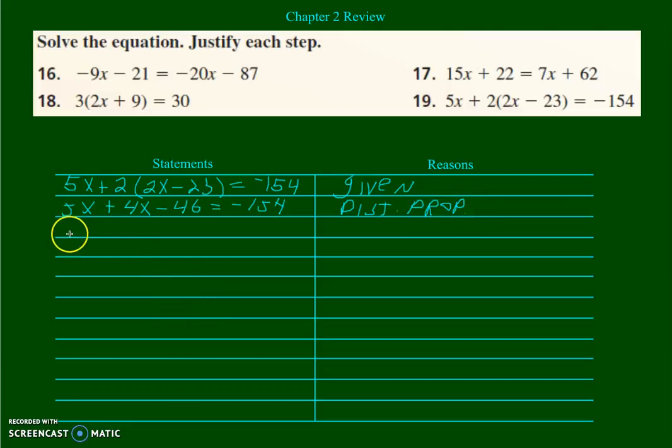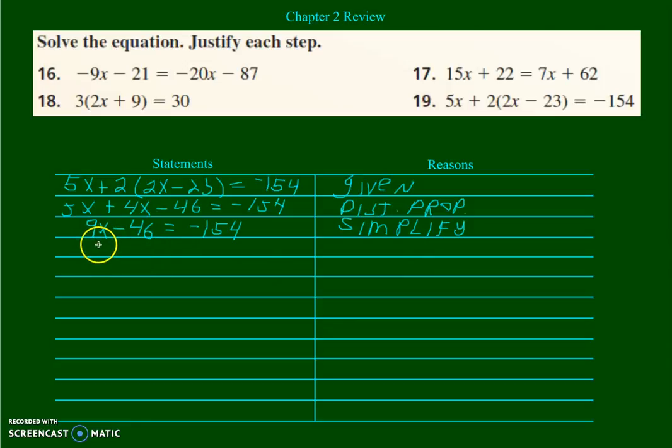Okay. Now we'll combine our like terms, so we'll combine our x's here, and 5x + 4x is 9x minus 46 equals negative 154, and we call this simplification or simplify. And next we'll go ahead and add our 46.